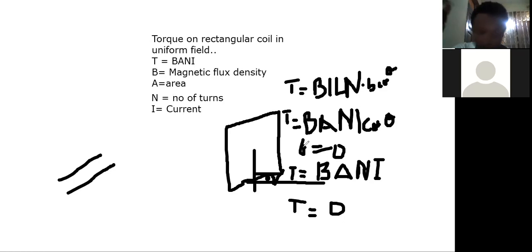On the other hand, if a galvanometer is modified to measure voltage, we call it a voltmeter. When it measures in millivolts, calibrated in such a way that it measures in milli, then we call it a millivoltmeter.